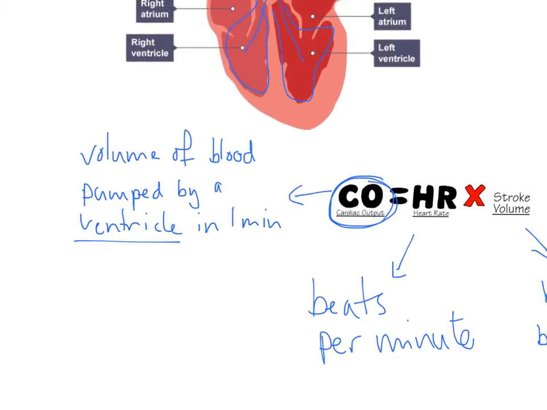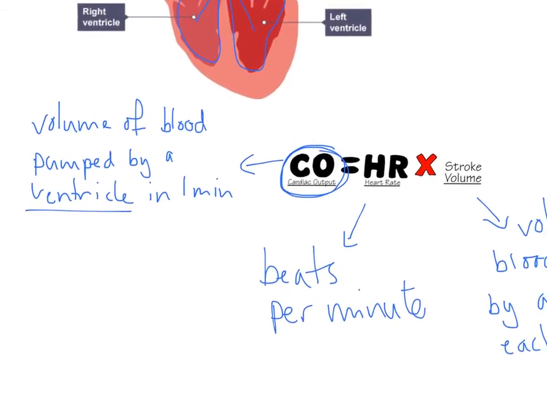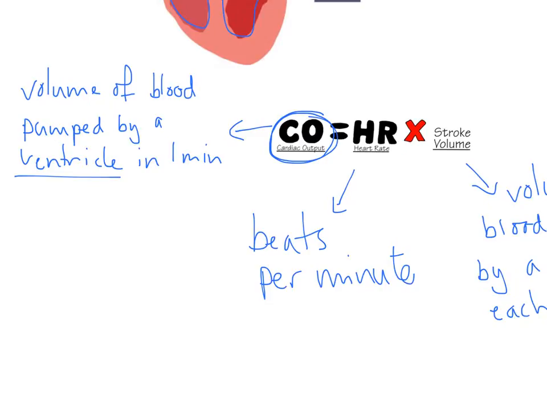We want to make this as big as possible. And as long as we can increase the cardiac output by increasing the heart rate, and that's the thing that goes up when we exercise, then you are going to deliver more oxygen.